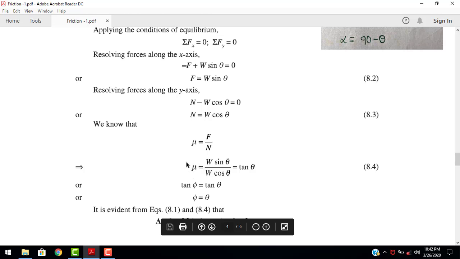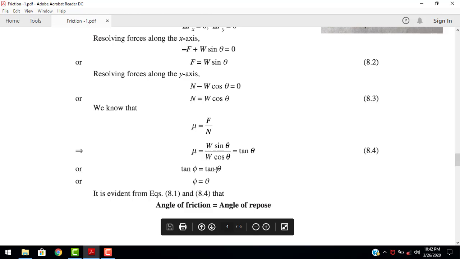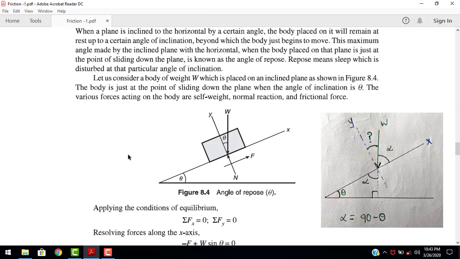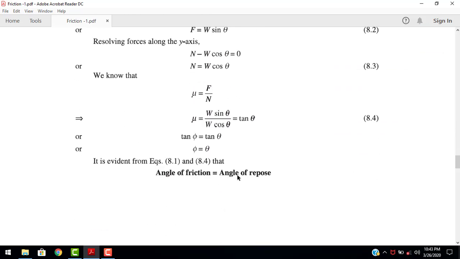So we know that mu is equal to F by N, wherein F by N is equal to tan phi. So tan phi will be equal to tan theta. So tan gets cancelled, wherein phi is equal to theta. So that is, angle of friction is equal to angle of repose. So this is all about the relationship between the angle of repose and the angle of friction.